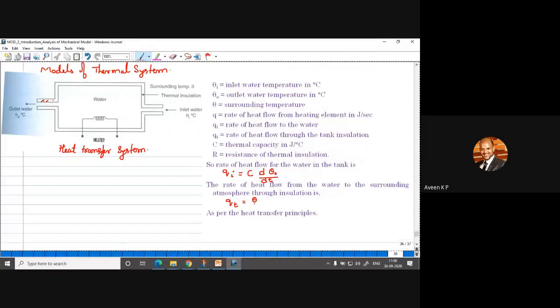theta naught minus theta by R. So we know the heat transfer principle, that Q is equal to Qi plus Qt.